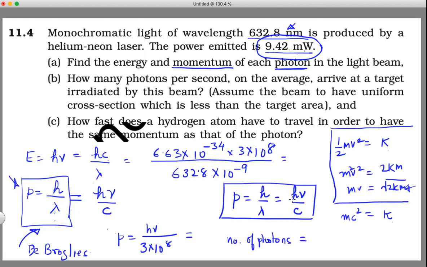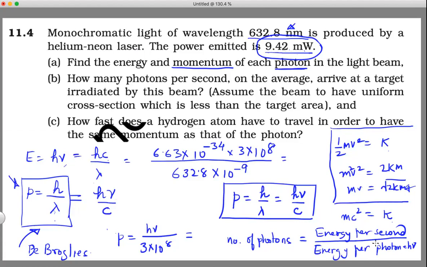To find the number of photons, we will use the energy per second divided by the energy per photon, which we have just calculated here. We will divide this number by this number.